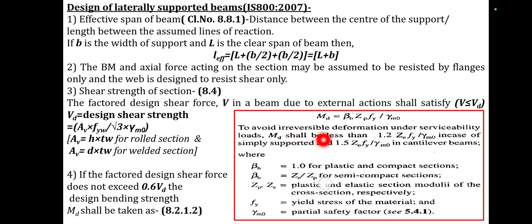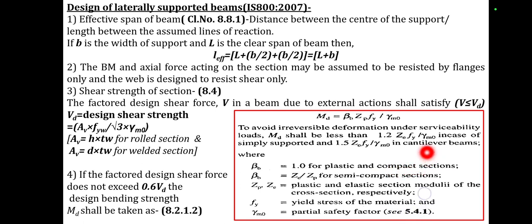To avoid irreversible deformation under serviceability load, Md shall be less than 1.2 Ze fy upon gamma m0 in case of simply supported, and 1.5 Ze fy divided by gamma m0 in case of cantilever beam, where beta b is equal to 1 for plastic and compact section.